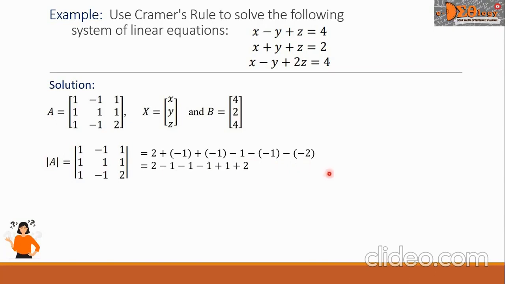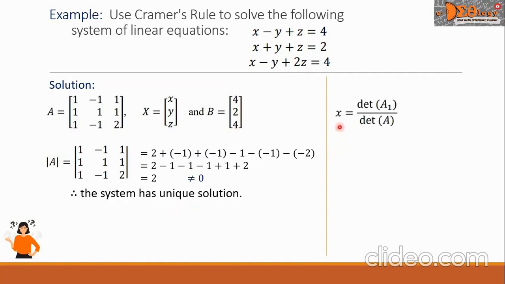Then we simplify by 2 minus 1 minus 1 minus 1 plus 1 plus 2. And the final sum will be positive 2. We can see that this is not equal to 0. Therefore, the system has unique solution.